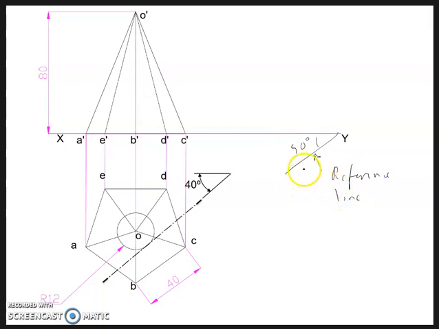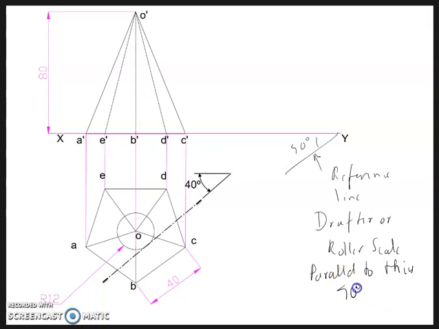and make your drafter or your roller scale, whatever you are using, parallel to this 40 degree line. And then move your roller scale.